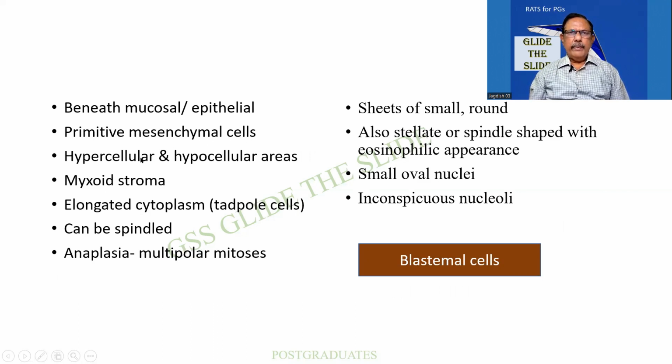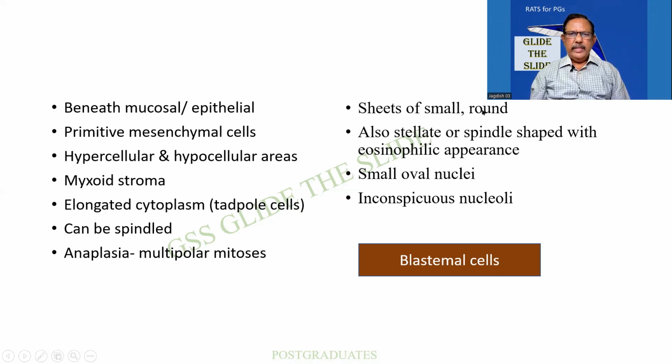There is a zone of hypercellularity and then hypocellularity. Stroma is myxoid or loosely reticular. Sometimes, if you are lucky, you will be able to see elongated cytoplasm, tadpole-like cells, or strap muscle cells. They can be spindled also. Anaplasia and multipolar mitosis can prevail.